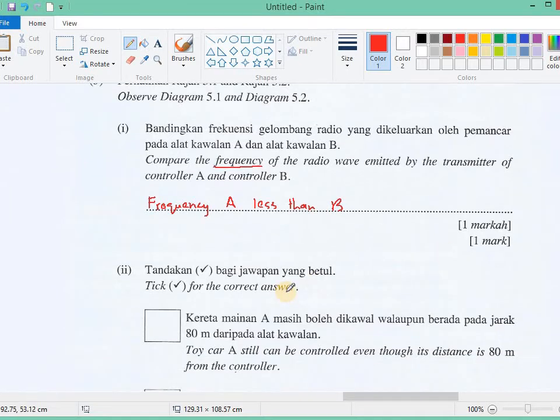Of course, if you want to use symbol also can. For example, if you write A less than B, like this actually also can, but not recommended, because if you accidentally write the symbol looking like C, then the teacher that marks your paper will take it that this is C, so it becomes A C B, and it becomes wrong.